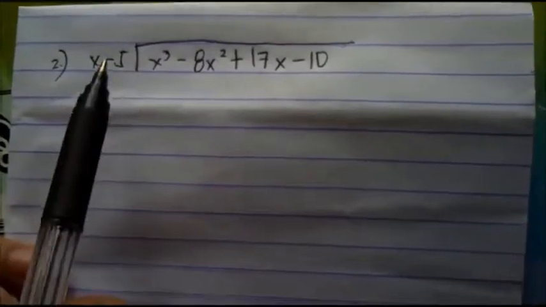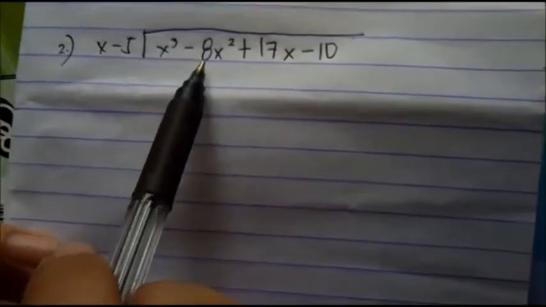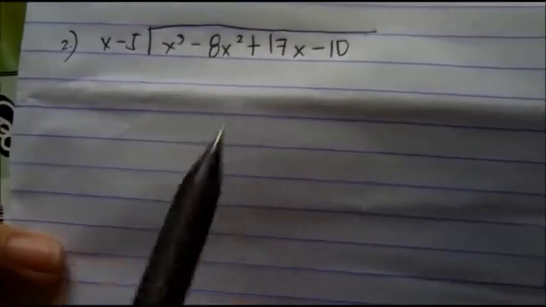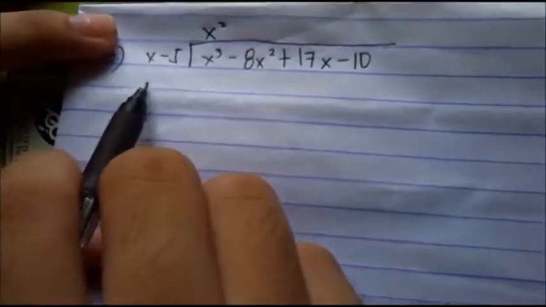For example number 2, the given equation is x cubed minus 8x squared plus 17x minus 10 divided by x minus 5. So, x cubed divided by x equals x squared. X squared times x equals x cubed.